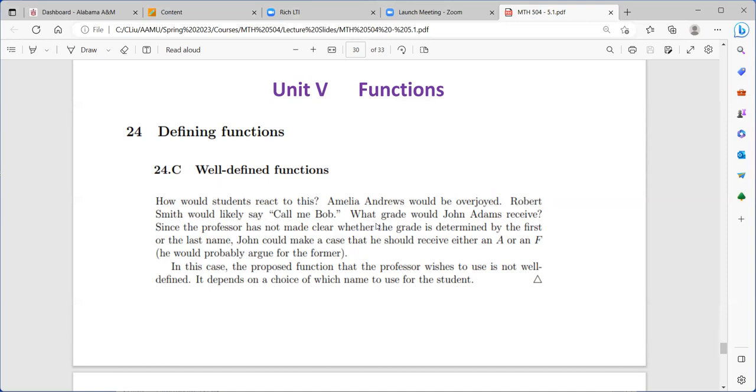But furthermore, what grade would John Adams receive? Do you count his first name or last name in the definition of the function g?